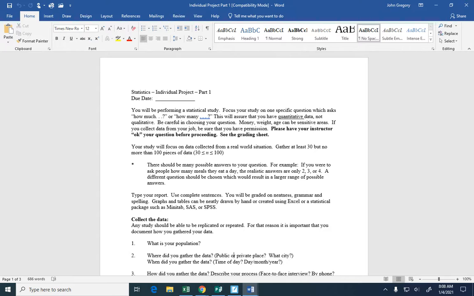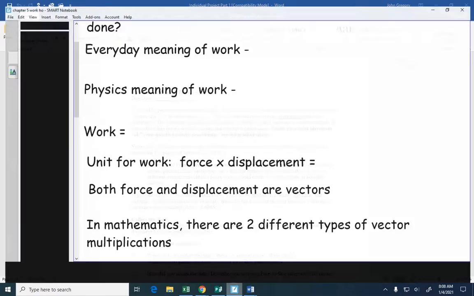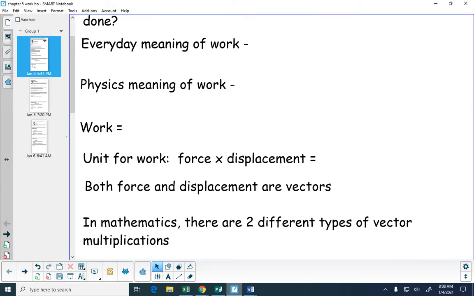Now, when you develop that question, you have to also make a guess. And some of that guess may be what's occurring in your life. What would be a guess? So you have to develop a question and make a guess.